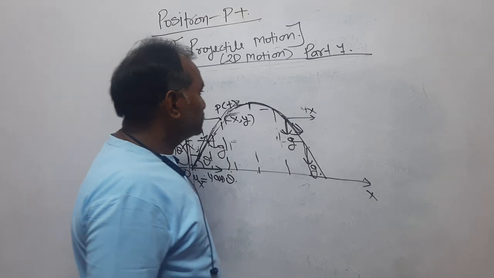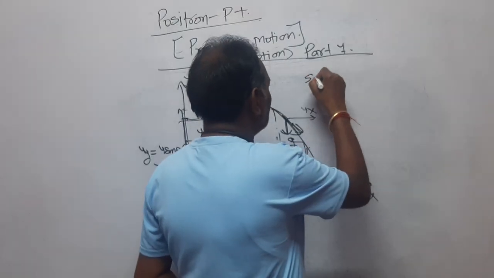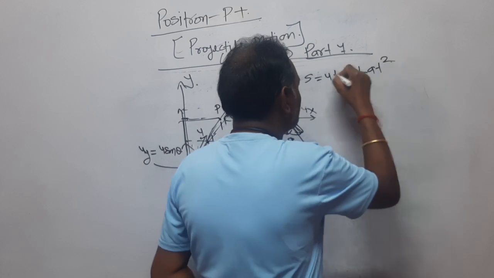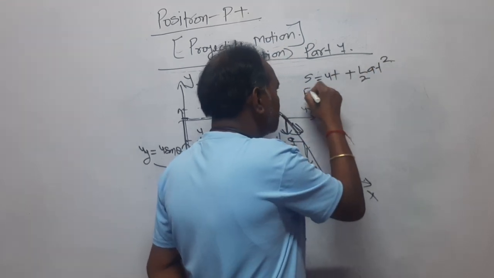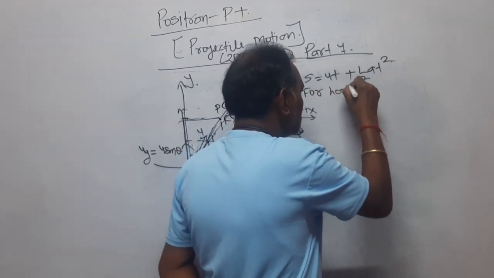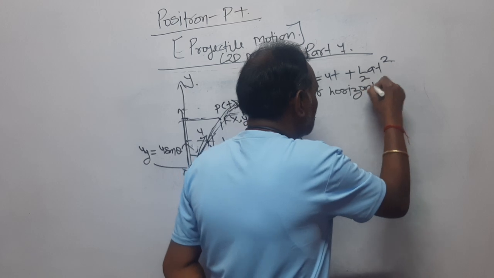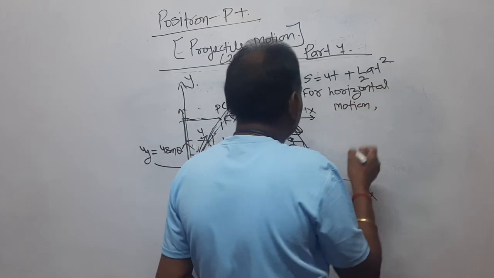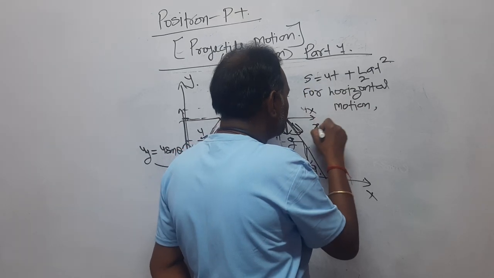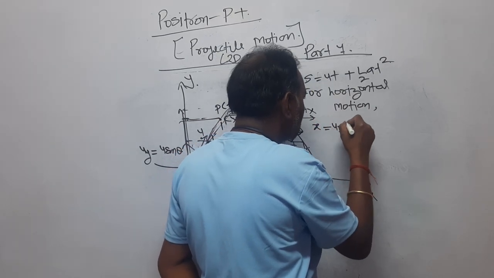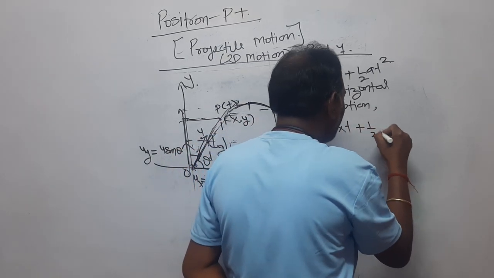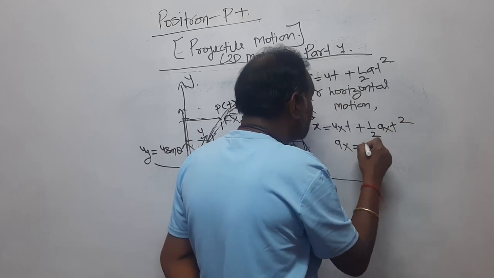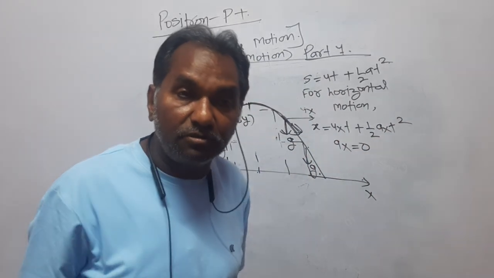Dear student, you know s equal to ut plus half at square. If you apply this for horizontal motion, you can write s is x, u is ux, ut plus half ax into t square. Now, there is no horizontal acceleration, so ax equal to 0.